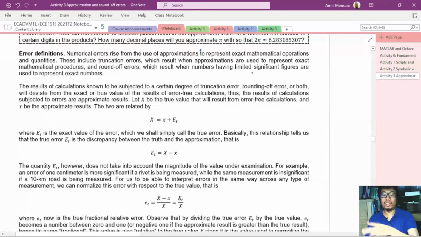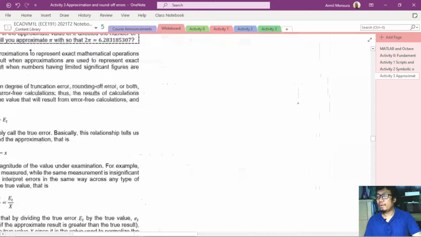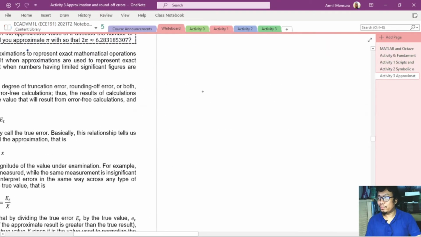That is why I separate the truncation term from the earlier one. Although truncation is also there, I said, when you have a number say 3.14159 and so on, and then you cut this one off.